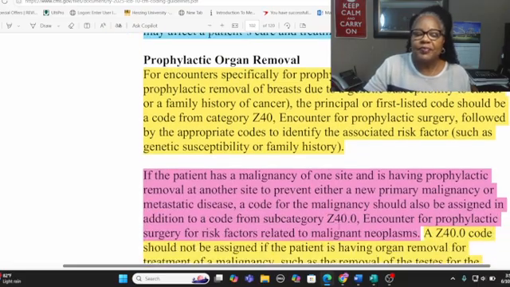All right. If the patient has a malignancy of one site and is having prophylactic removal at another site to prevent either a new primary malignancy or metastatic disease, a code for the malignancy should also be assigned in addition to a code from subcategory Z40.0, encounter for prophylactic surgery for risk factors related to malignant neoplasm.